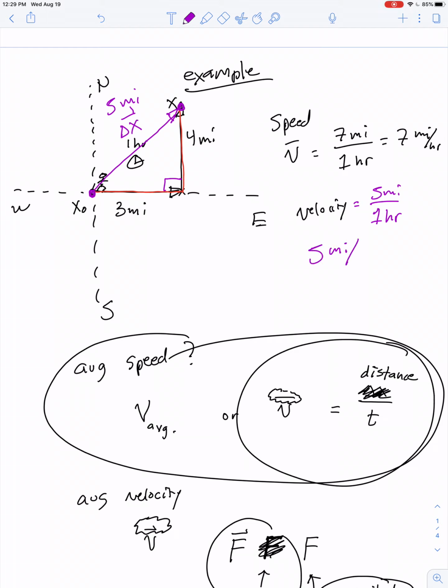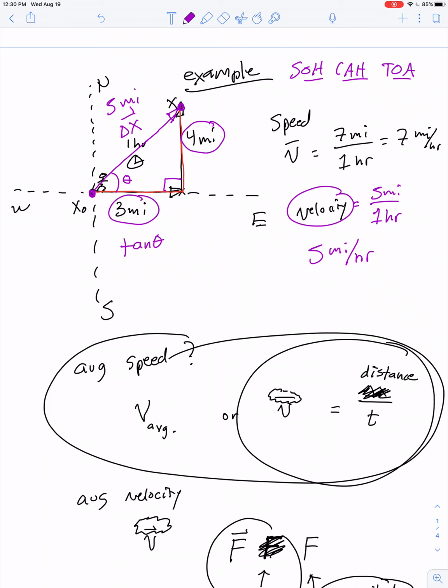So it's 5 miles per hour, but wait a minute, that doesn't describe the velocity entirely. That's just a magnitude. I need to give a direction. Let's see. You've all heard the phrase SOHCAHTOA. Sine equals opposite over hypotenuse, cosine equals adjacent over hypotenuse, and tangent of an angle is opposite over adjacent. So if I want to find this angle, I can divide the opposite by the adjacent side.